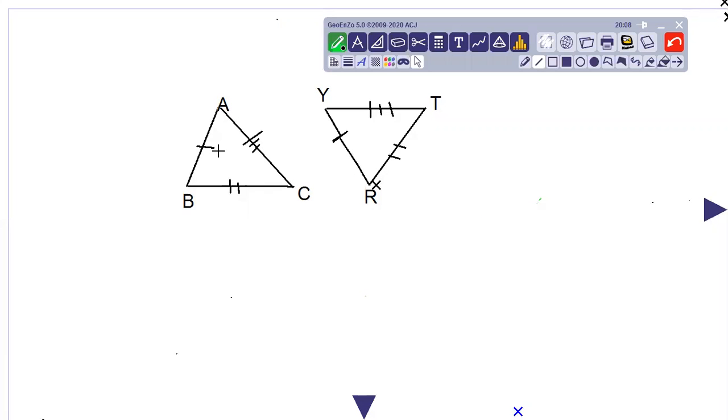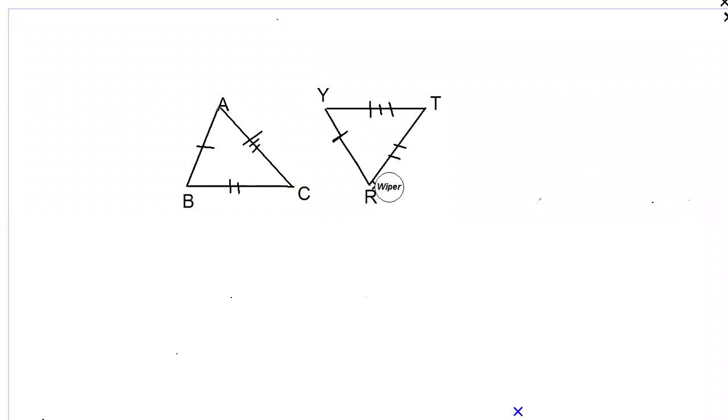The first triangle, you name it anti-clockwise, ABC. But the second triangle should be named according to the first triangle by looking at the corresponding parts.